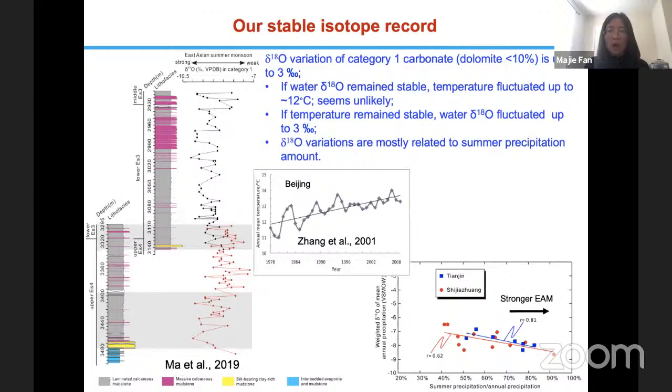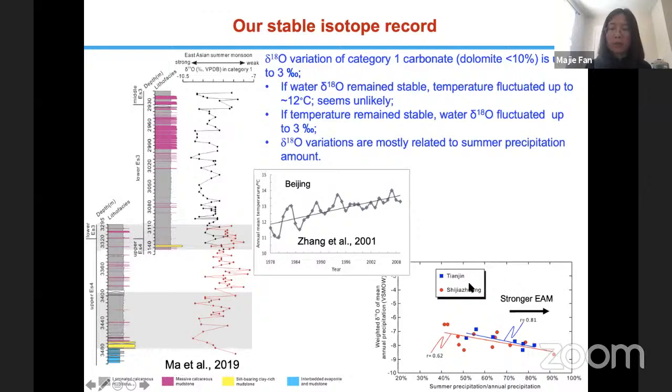Okay. Then if we look into modern precipitation, again, this is in Tianjin and Shijiazhuang, we show a nice correlation between the summer precipitation amount versus the annual delta O18 values. So when summer precipitation amount increases, we see that the delta O18 value decreases.